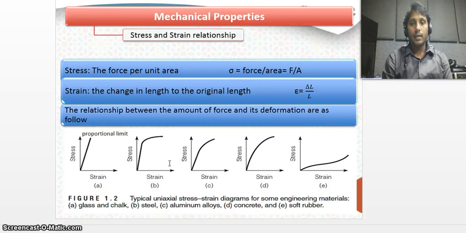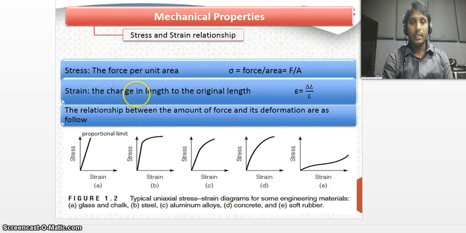So coming to the mechanical properties, we have the stress and strain relationship. Stress is defined as the force per unit area. The stress is denoted by sigma. This symbol is sigma. Sigma is equal to force by area, that is F by A. Please remember this. This is an important slide and this is useful for solving problems also.